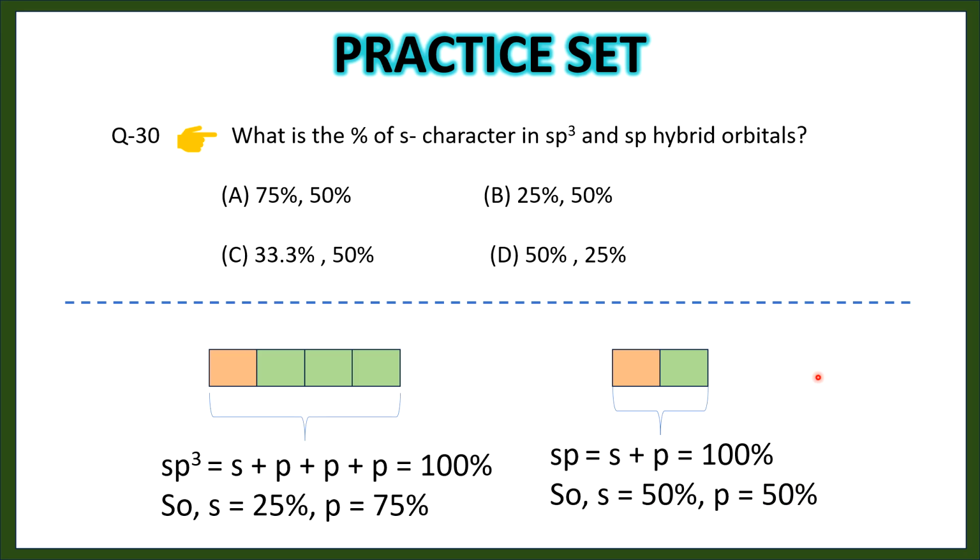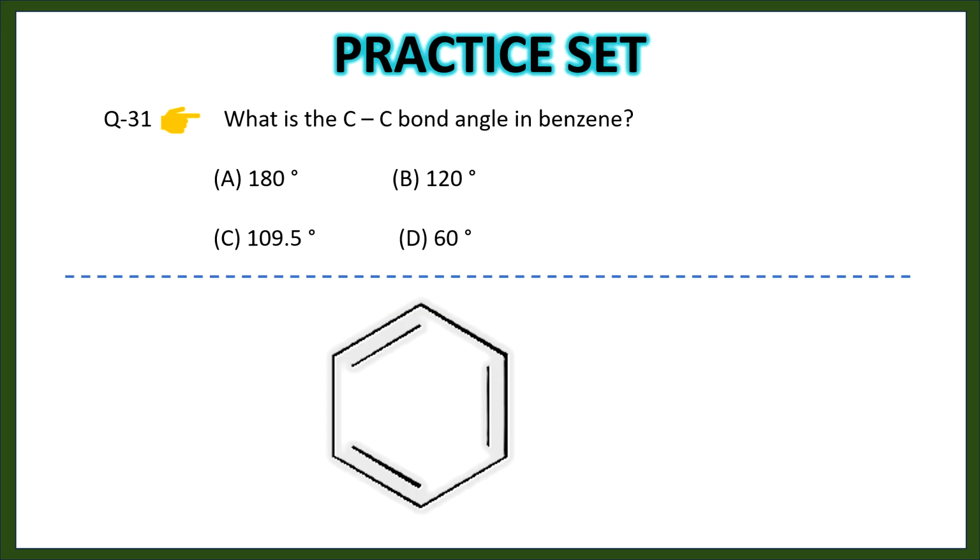So here the correct option is 25 and 50% of s character. Question number 31. What is the C-C bond angle in benzene? All are sp2 hybridized carbons in benzene. sp2 hybridized means we know the bond angle is definitely 120 degrees.